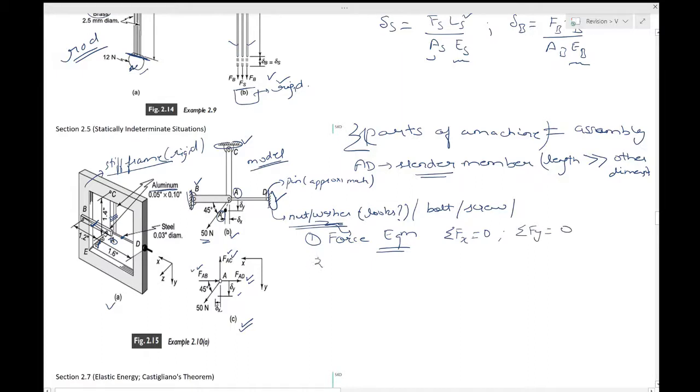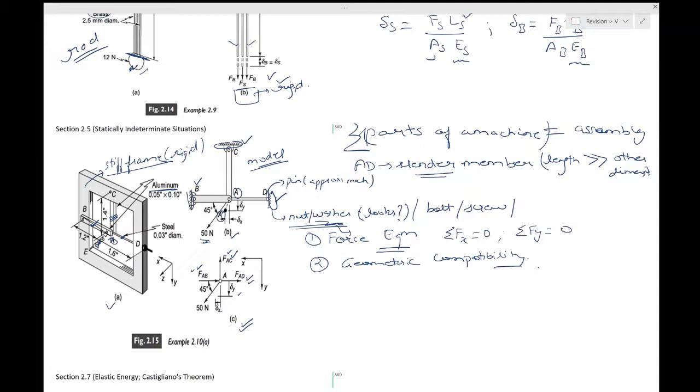Similarly, for the second step, geometric compatibility, you have to read it in this way as is given in your book: the deflections will be very small, as we said earlier in this course. The deflections in linear elasticity can be assumed to be very small.